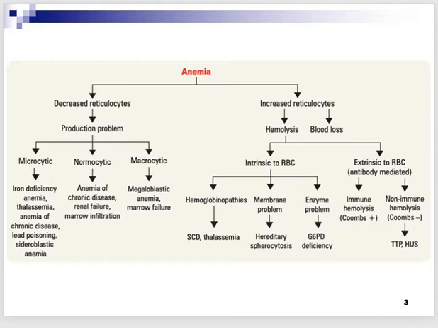Pica, what is that? Children start eating non-nutritious things like pencil, wood, things like this, right? So we go about it in the same way as for iron deficiency anemia in adults: we do a CBC, look at the MCV and MCH, do the iron studies and all this stuff, right?